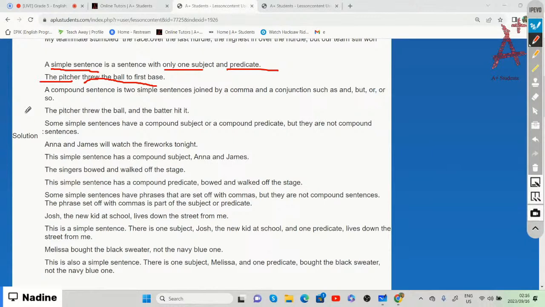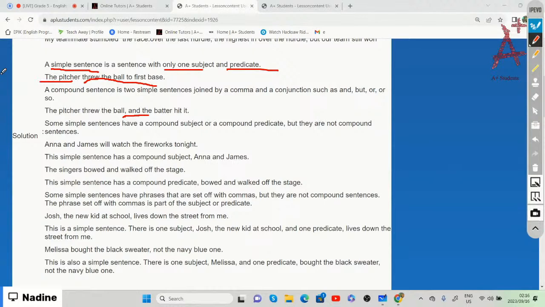So the pitcher threw the ball and the batter hit it, which means that if we look at over there, that is the coordinating conjunction within that sentence.